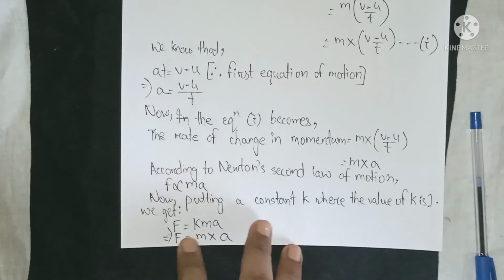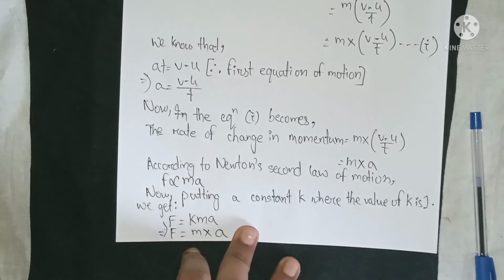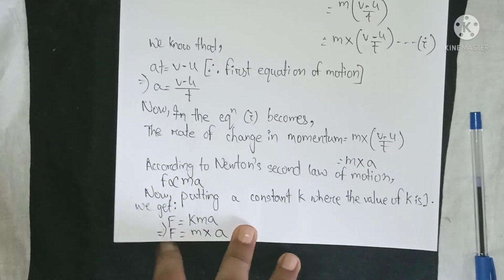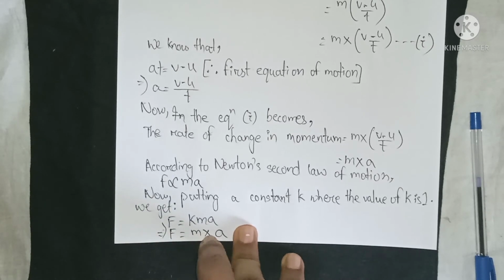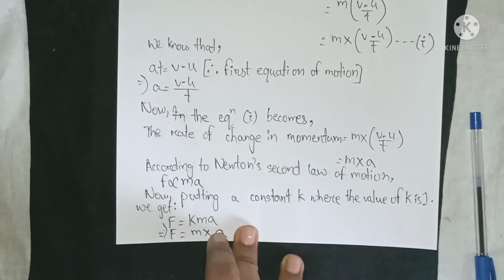So this is how we got force is equal to mass into acceleration, meaning the force applied on a body is equal to the mass of the body multiplied by the acceleration produced in that body.